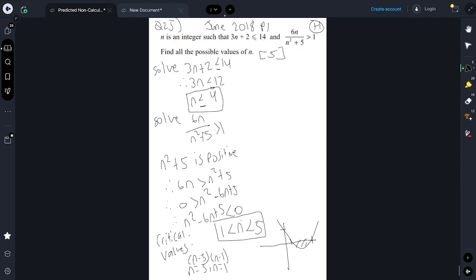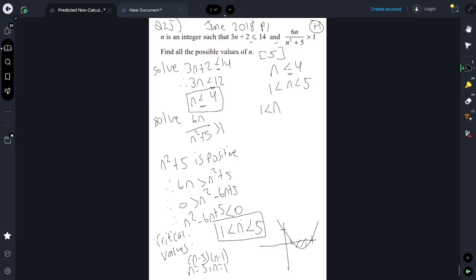But it says n has to satisfy both of them, so it has to be both of them. So lastly, you need to combine them together. There are two ways of doing this. You can just stare at it and reason a little bit and say, well, n has to be at least 1.